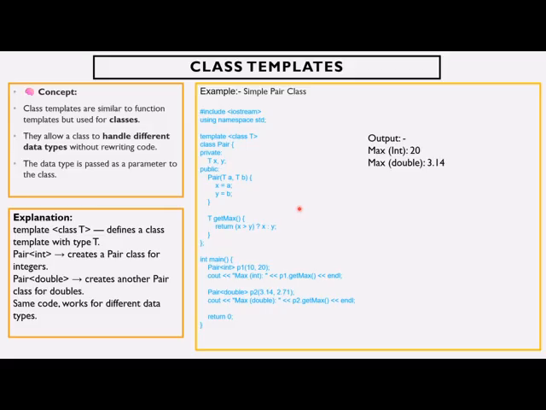In a similar way, pair double creates another pair class for doubles. You see it's the same code, which works with different data types. As you can see here, nothing has been repetitive. You only write it once and you use it when you write the code. That's it.